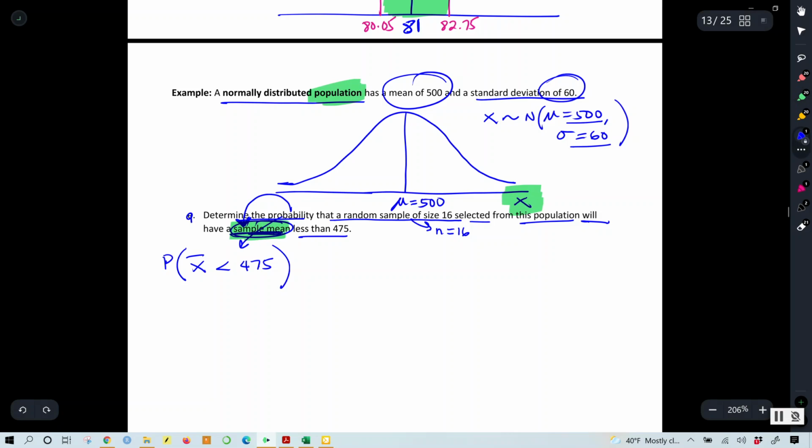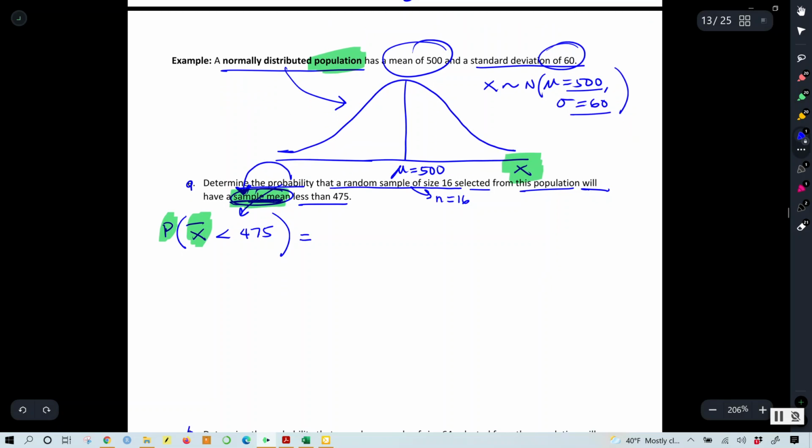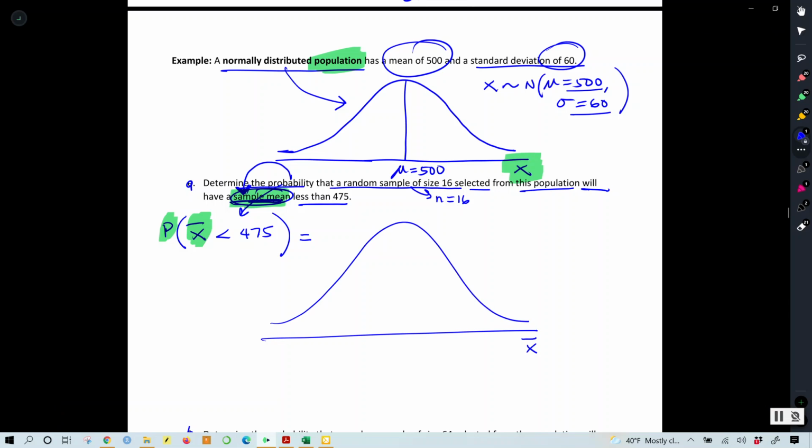So if I'm going to get the probabilities concerned with the sample mean, I need to determine the shape of the sampling distribution of x bar. Well, if the original population is a normally distributed population, then the sampling distribution of the sample mean will also have a normal distribution.